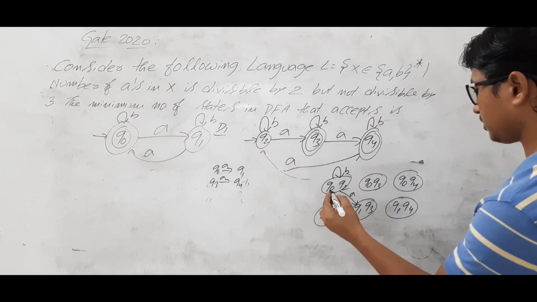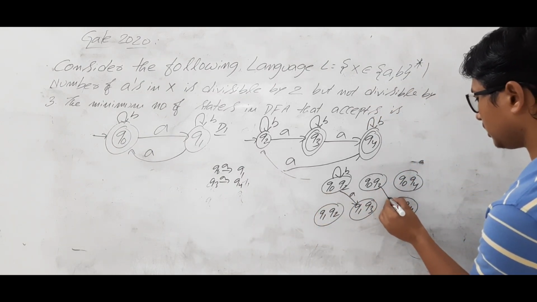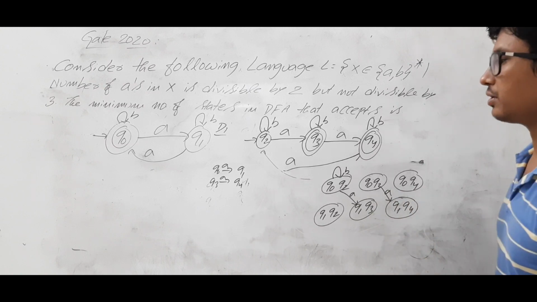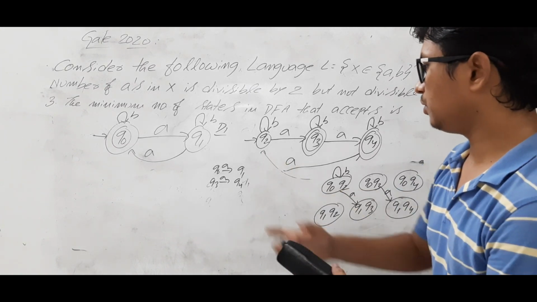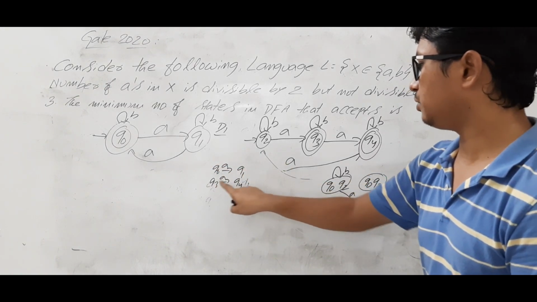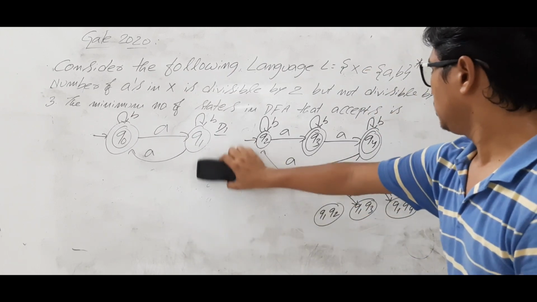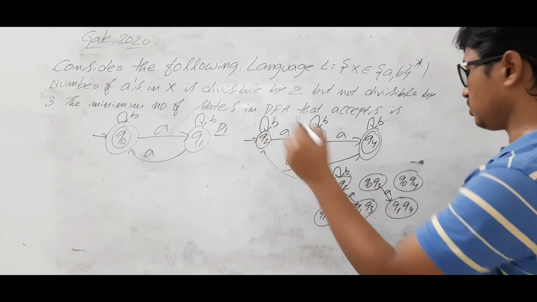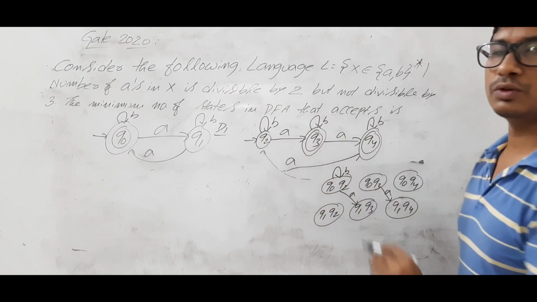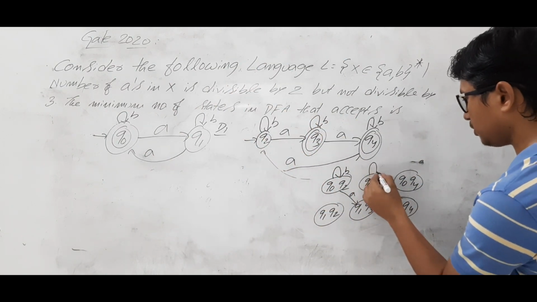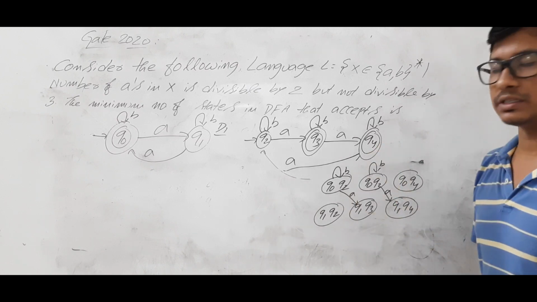So Q0 Q3 on A goes to Q1 Q4. Is it clear? Q0 on B goes to Q0, and Q3 on B goes to Q3, so Q0 Q3 on B goes to itself.